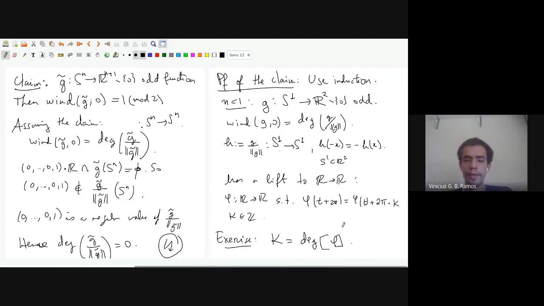When you look at the class generated by phi down as a map from S1 to S1, this k is exactly the degree. It's not hard to see that up to a sign, they're the same. But they're actually equal even with orientations.